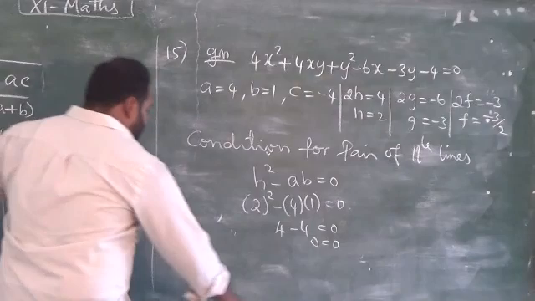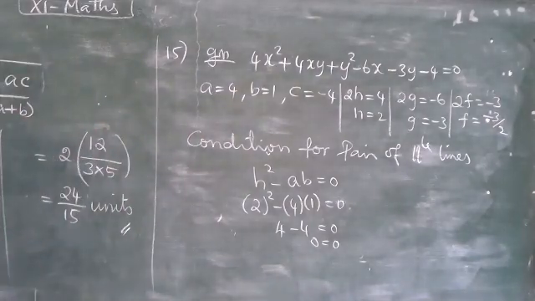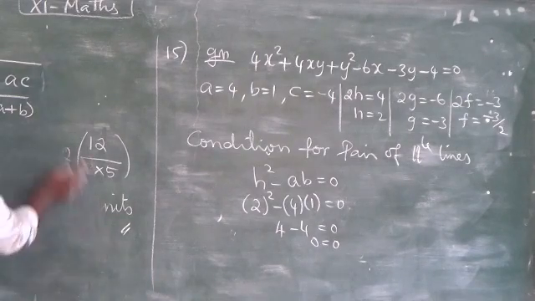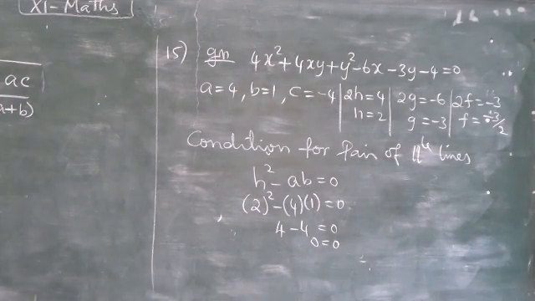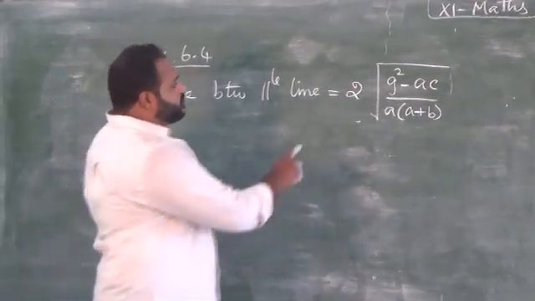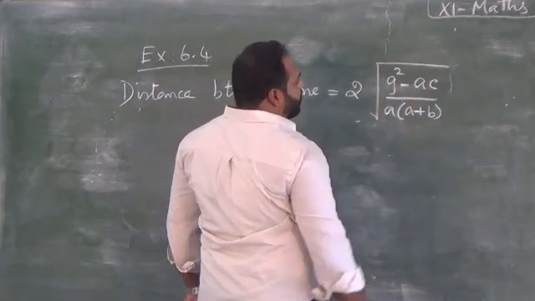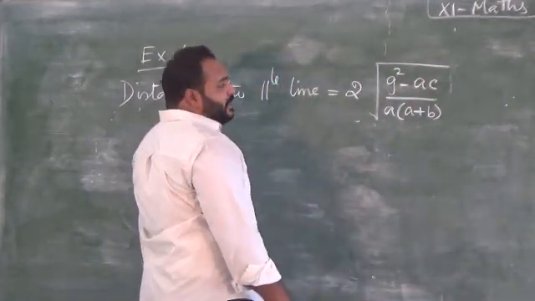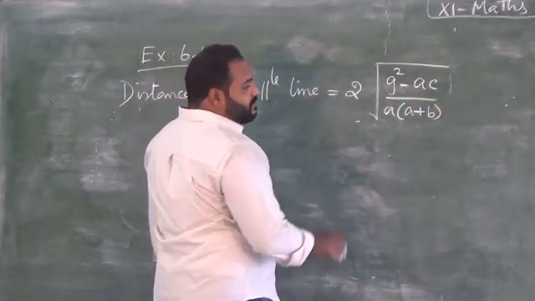Okay, next I am going to find out the distance between the pair of parallel lines. Here the same formula I am going to use. Distance between pair of parallel lines is 2 square root of g square minus ac by a into a plus b.